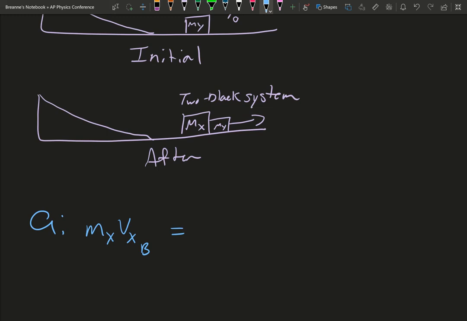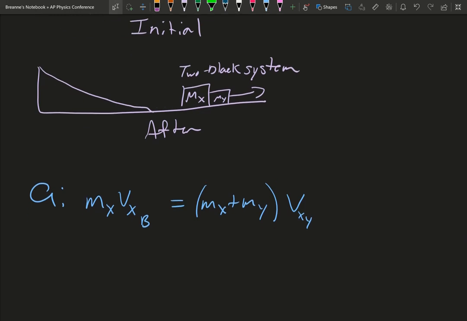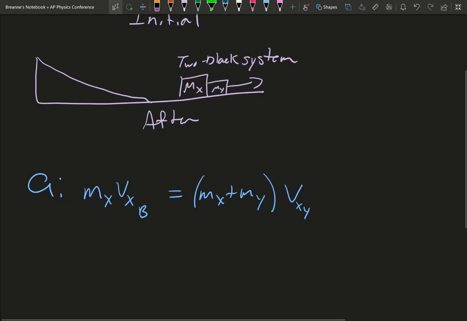And then after the collision, you have your MX plus your MY, and you have your velocity after the collision. We're going to call it the velocity of them combined.